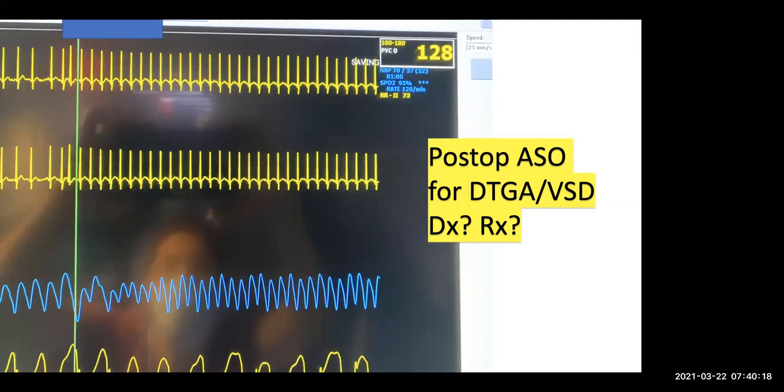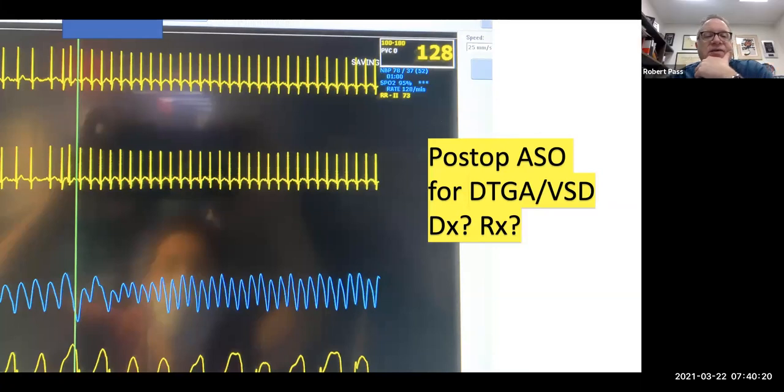But what's odd is that the P wave appears to be before every QRS, and it's upright. At least in these two leads, which I think are exactly the same lead, the axis of the P wave seems similar. Again, you can't tell in one lead of the EKG, but at least it appears to be a similar axis. They're both upright, both in tachycardia and in sinus. So sinus tachycardia is a reasonable option for the differential.